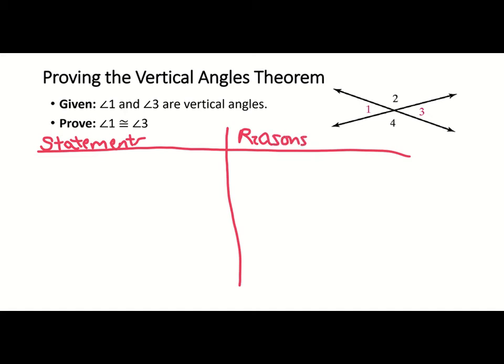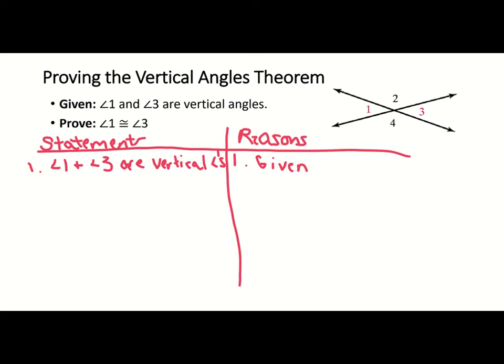All right, so we're going to start with our given first, and that is angle 1 and angle 3 are vertical angles. You can abbreviate, and that is our given.